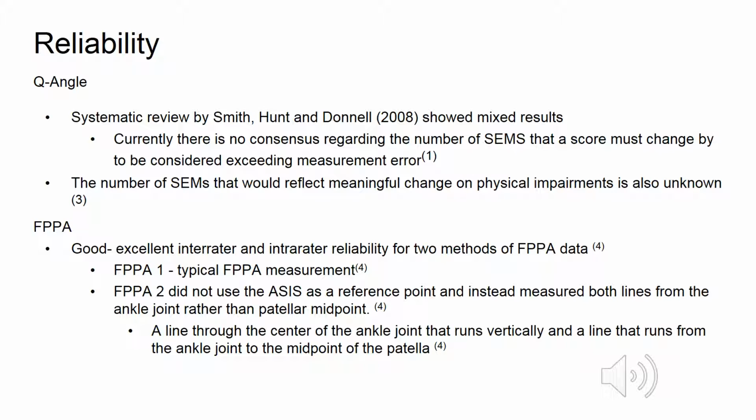So it was a line running through the ankle joint up the tibia to the patella, and then a line running vertical from the center of the ankle joint. Both showed good inter and intra-rater reliability, and the FPPA2 actually showed good to excellent inter and intra-rater reliability. The only caveat is that the FPPA2 method hasn't been studied extensively yet.